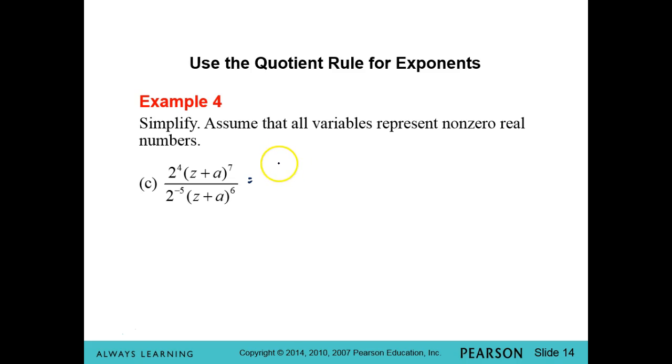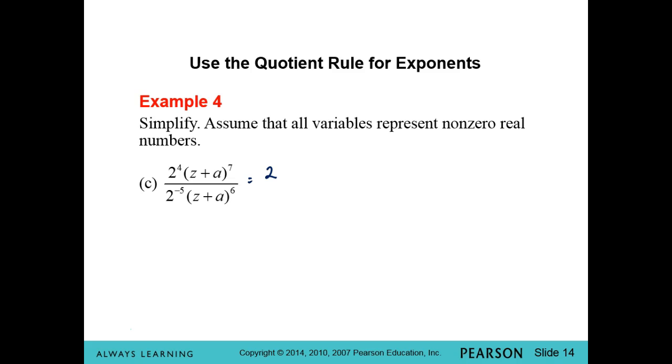Say again? 2 to the what? I can't hear. Negative 1. How did you get that? Four. Oh, this is in the denominator. Minus a minus 5.